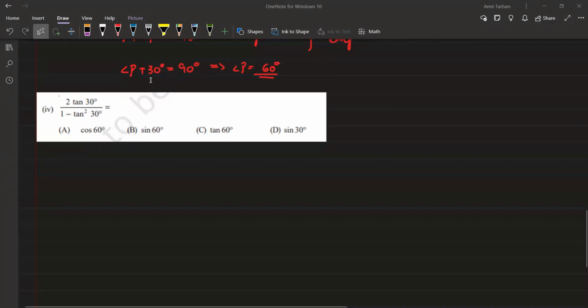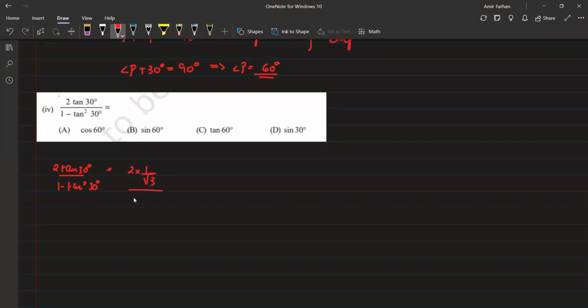Let's quickly see the answer. 2 tan theta, put the value. Tan theta is equal to tan 30 upon 1 minus tan square 30 degrees. Put the values here. 2 into 1 by root 3 upon 1 minus 1 by root 3 square. Clear? So 2 by root 3 is in the numerator, and it's a double division. So 1 minus 1 by 3.